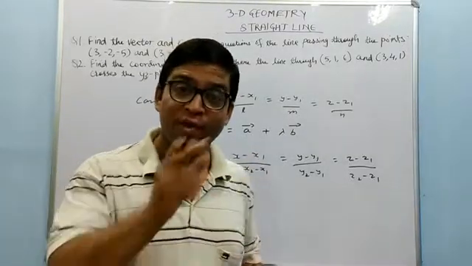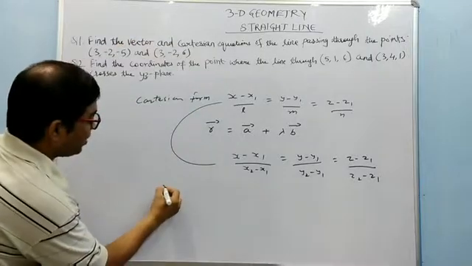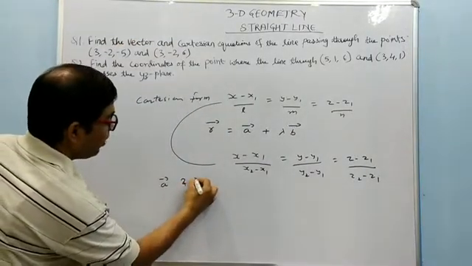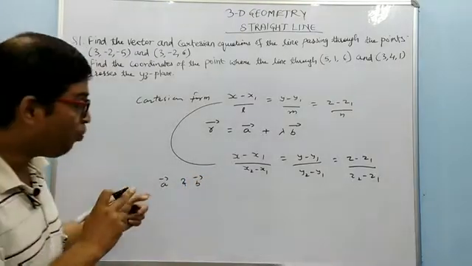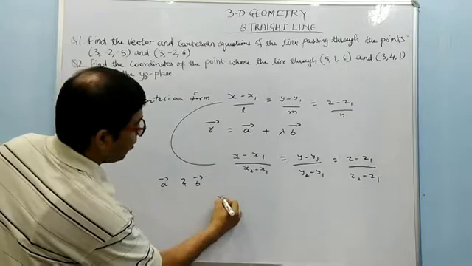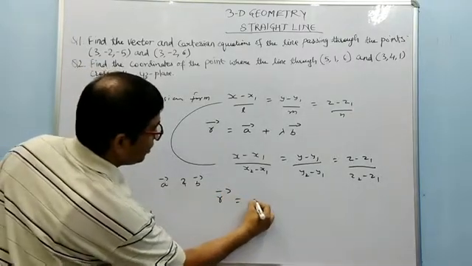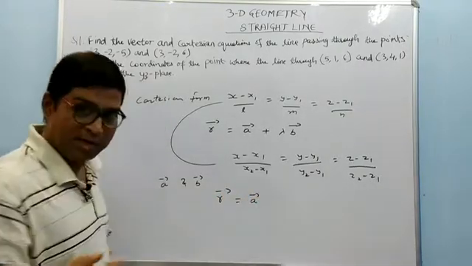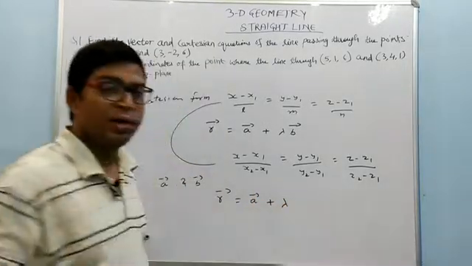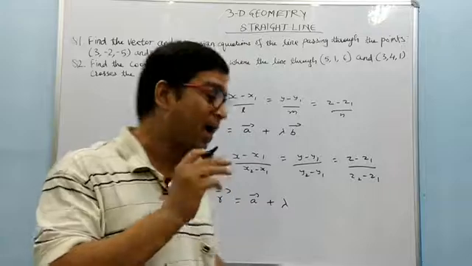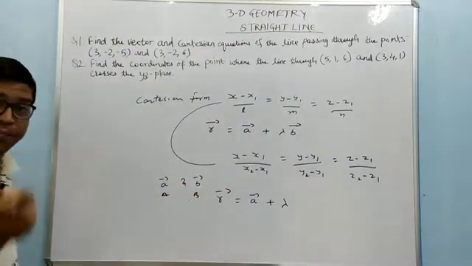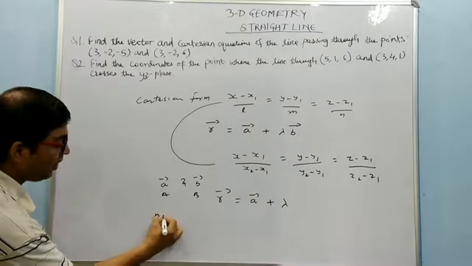But how to write it in vector format? Suppose a line is passing through vector A and vector B. These are the two points. Then the equation will be vector R is equal to vector A, passing through one point, plus lambda times the vector to which it is parallel. Suppose A and B are two points. You just see how we used to find vector AB.